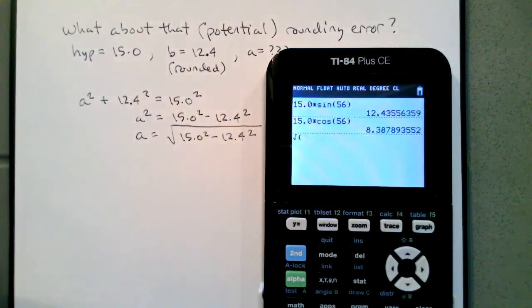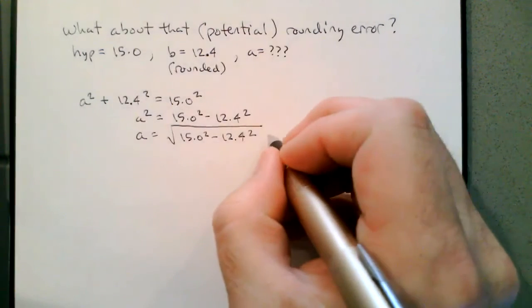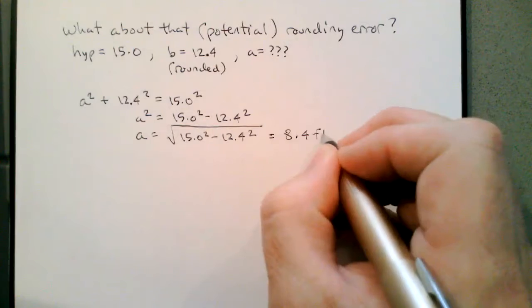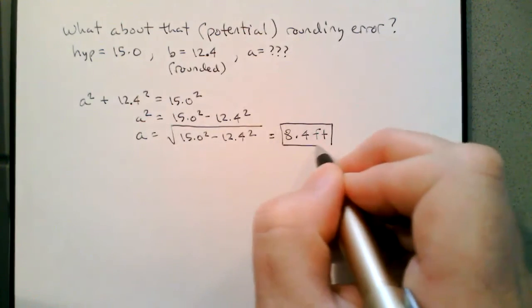TI-84 opens up parentheses for us, and I want 15 squared minus 12.4 squared, and I get 8.44037879138. So rounding gives us 8.4. In this case, the rounding error did not show up.